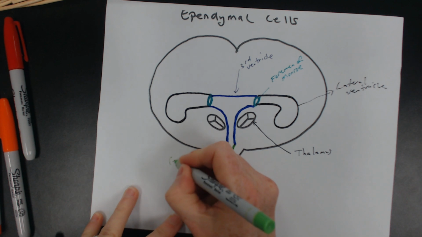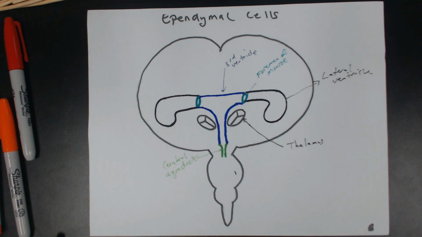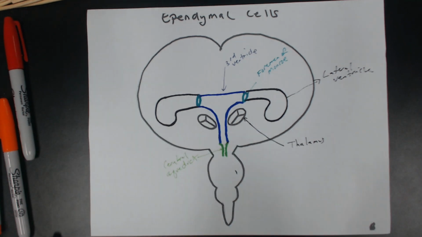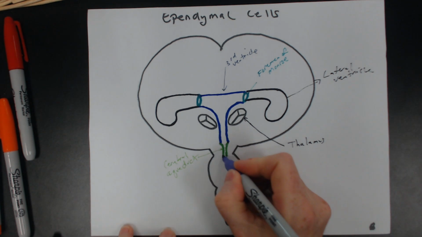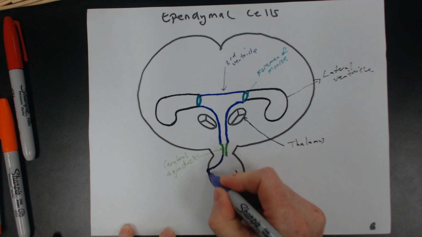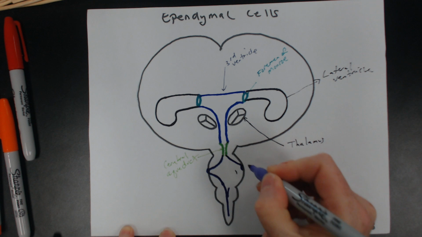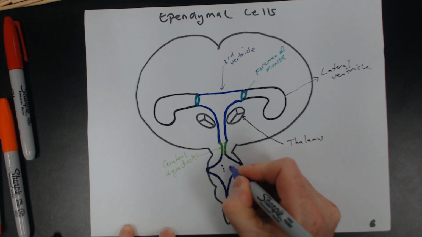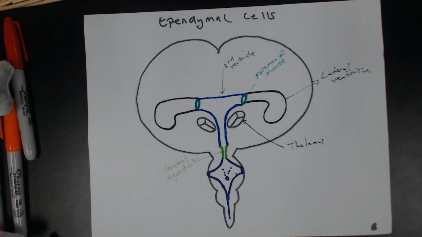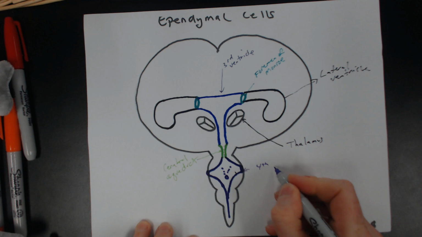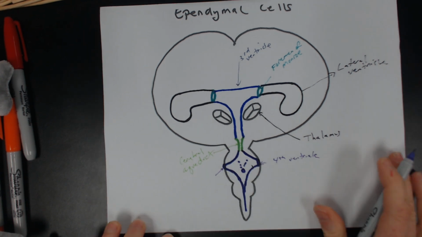Quick review. I've always made it like a ladder. There's your cerebral aqueduct, and underneath your cerebral aqueduct, connected, is your fourth ventricle. Here's going to be your fourth ventricle, and it has these little foramen on the outside.